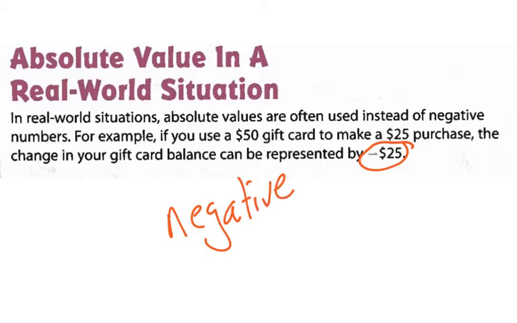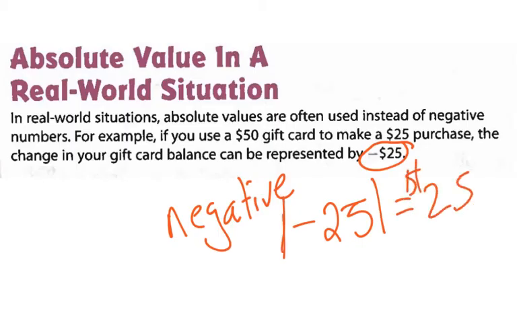And so what that is showing you is the absolute value of -$25, right? Which is equal to 25. But when we say spent, that is showing us that it's a negative amount. Okay, so if you said, I went down 17 flights of stairs, that word down is indicating to you that it is a negative number.